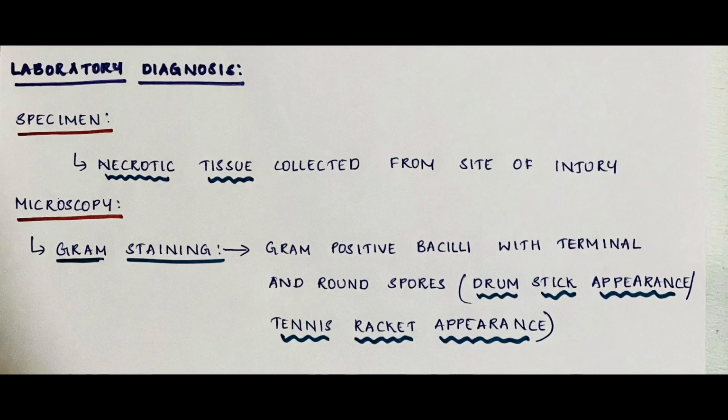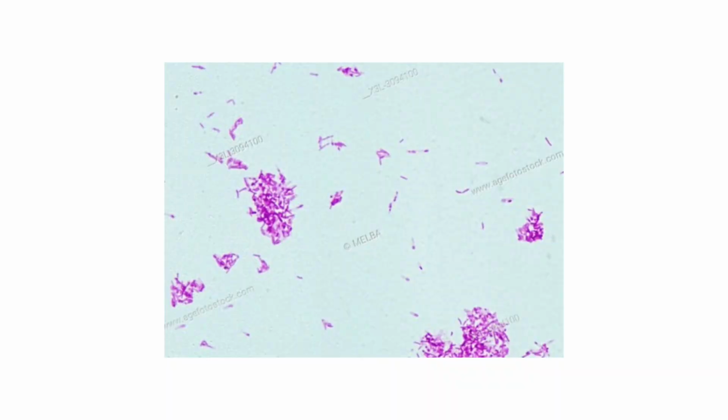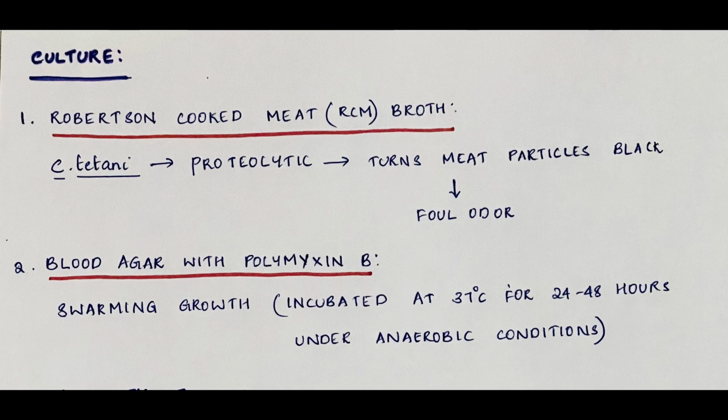Laboratory diagnosis. Specimen. Necrotic tissue may be collected from the site of injury. Microscopy. Gram staining reveals gram-positive bacilli with terminal and round spores, giving a drumstick appearance or tennis racket appearance. Culture.